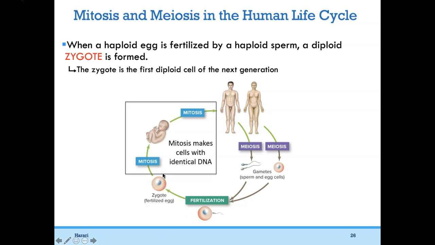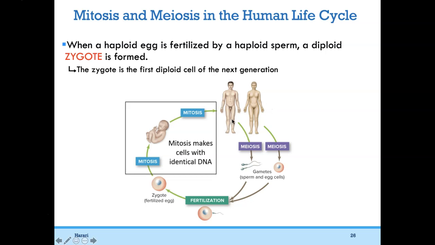That's an important word. It's the first diploid cell of the new generation. Two haploid genomes come together to form a diploid genome. This diploid genome undergoes mitosis and embryonic development to make multiple copies of cells with the same DNA.